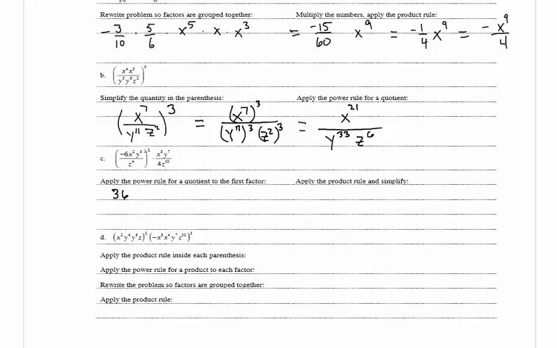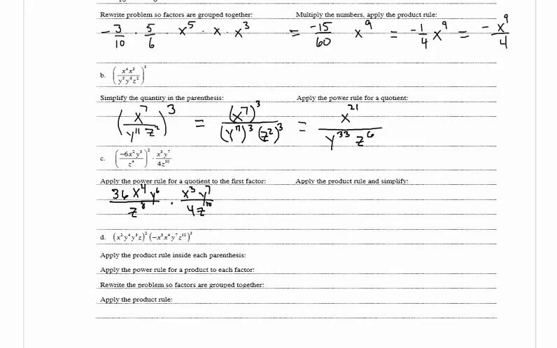X squared is equal to x to the fourth, and y cubed squared is equal to y to the sixth, divided by, we have z to the fourth squared is z to the eighth, times x cubed y to the seventh, divided by 4z to the 10th.